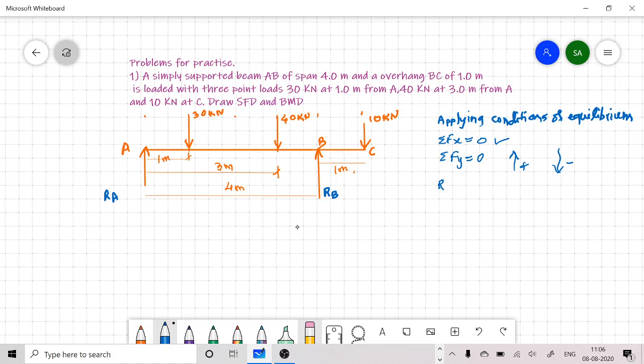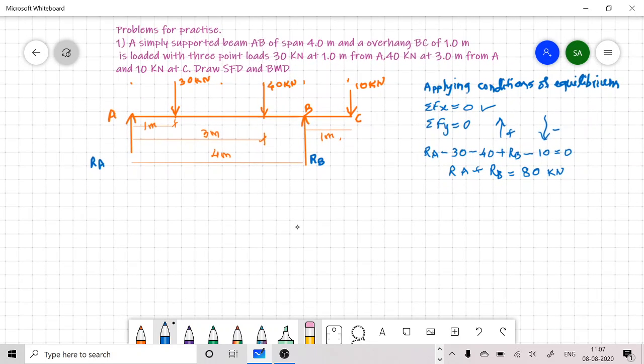So RA upward minus 30 minus 40 plus RB minus 10 is equal to 0. So RA plus RB is equal to 80 kilonewton. So this is equation number 1.